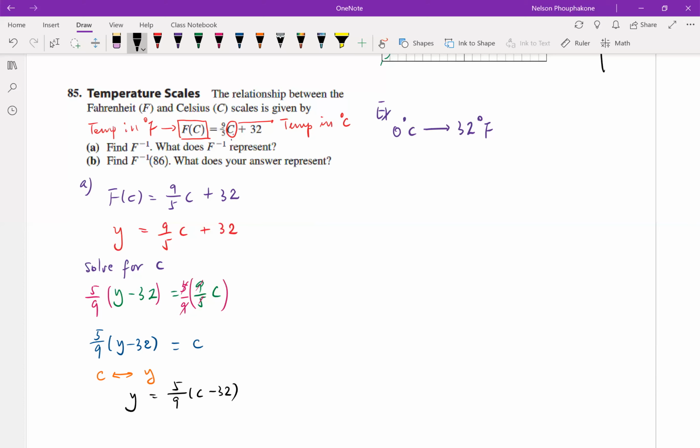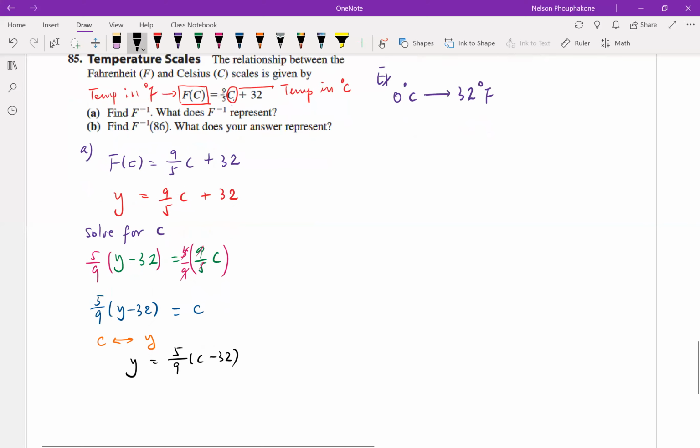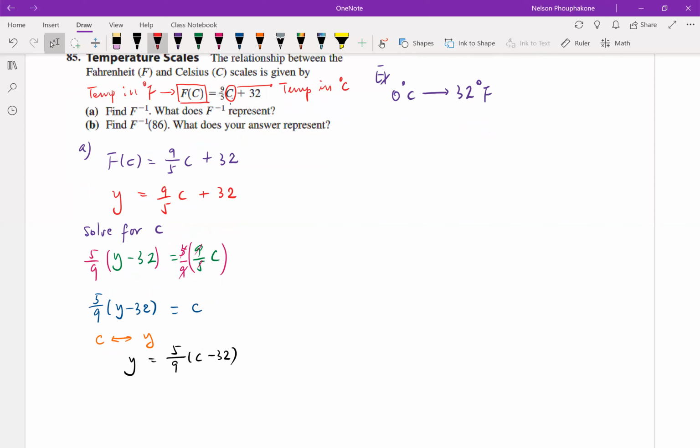And of course, the last step is we write this as f inverse of c equal to 5/9 (c minus 32). So this is the inverse.